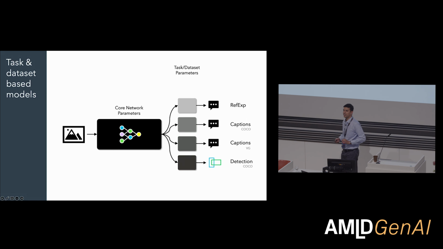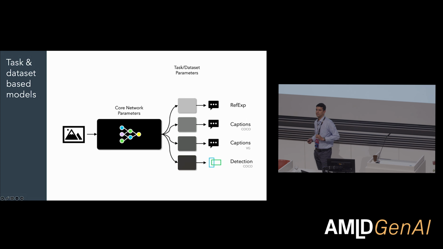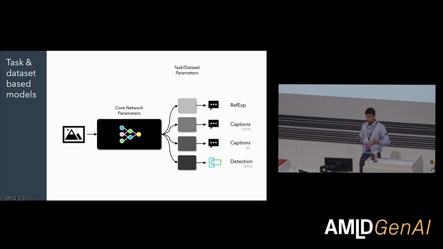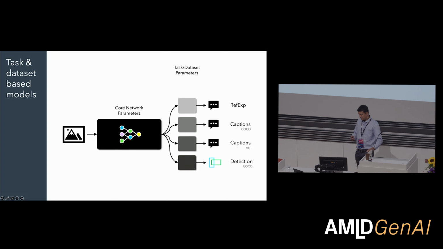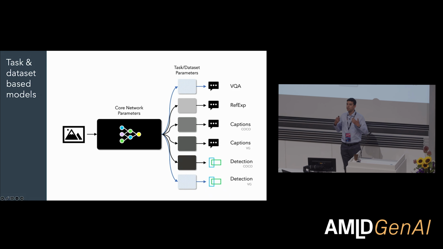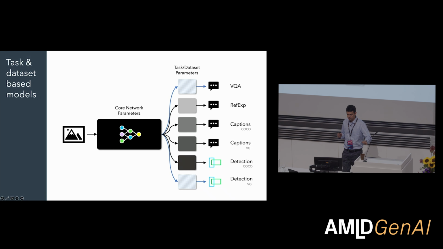It's not just task-specific heads, but it's often data-specific heads. So if you want to do well on COCO detection, you have a particular output head for COCO. If you want to do well on, let's say, the previous data sets like Pascal, you'd have an output head for Pascal. And then, of course, if you want to support more data sets, if you want to support more tasks, often you have to introduce a new set of parameters.